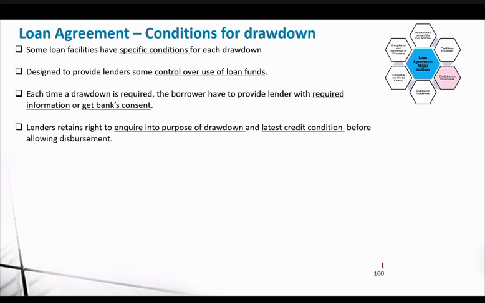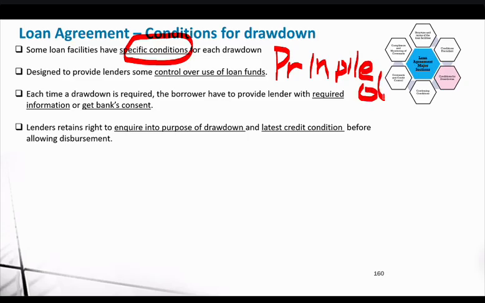Conditions for drawdown: some loan facilities have specific conditions for each drawdown. It's designed for private lenders with some control over use of funds. It's very specific. This one is based on the principle of control.